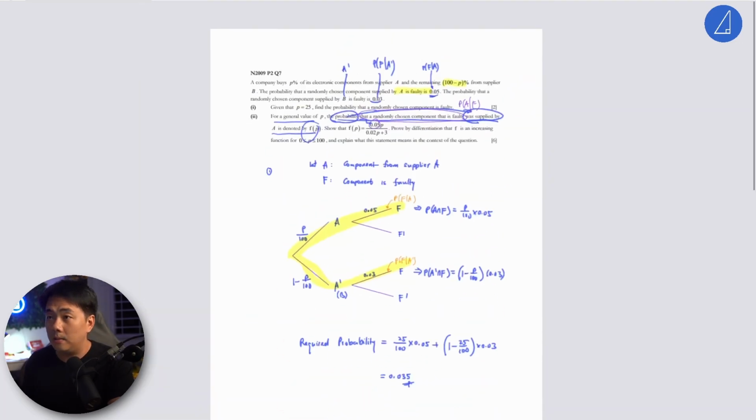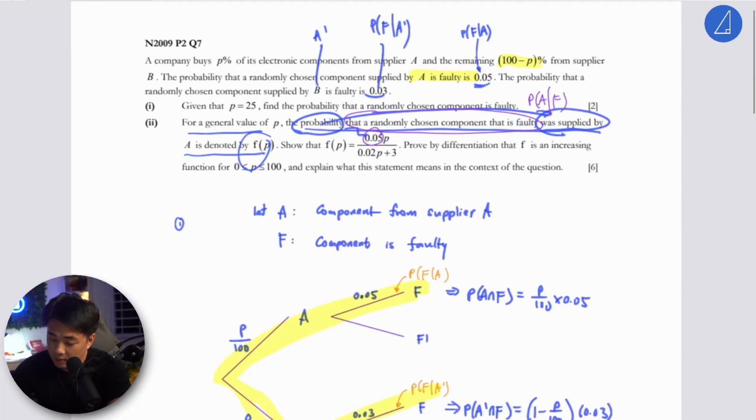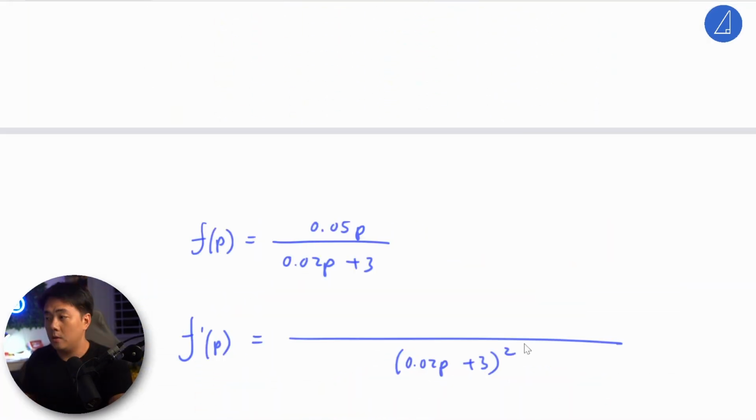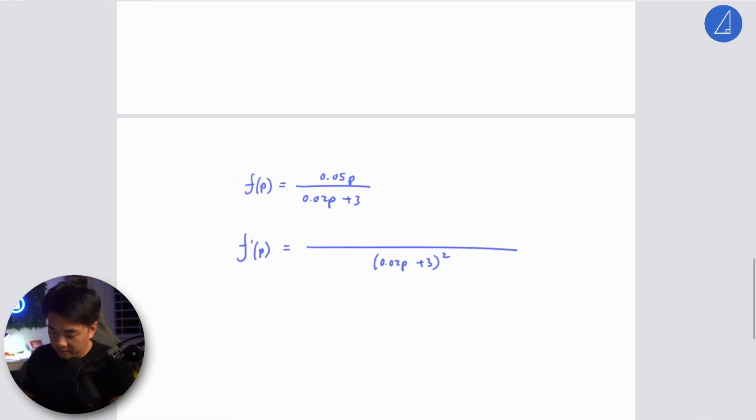So let's look at the subsequent part. We just need to use differentiation to show that f is an increasing function, then explain what this statement means in this context. We just differentiate and show that it's an increasing function using the quotient rule: v du/dx is 0.05 minus u dv/dx, which is 0.02.